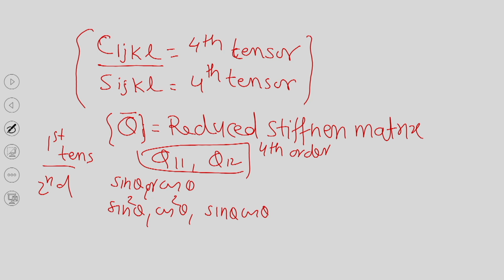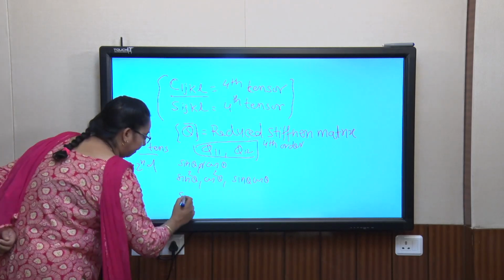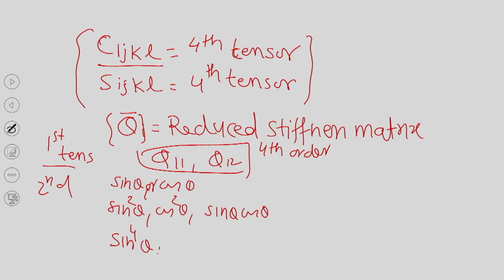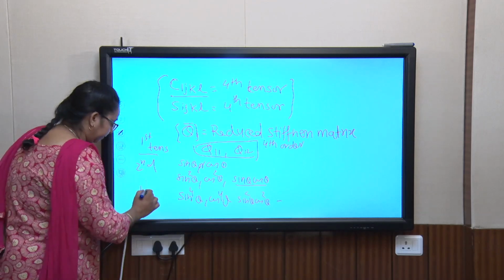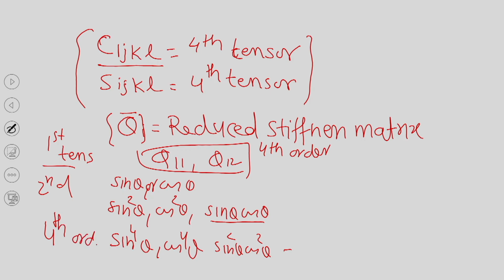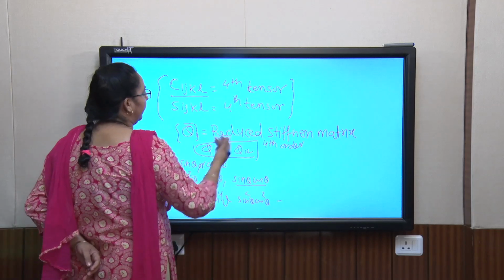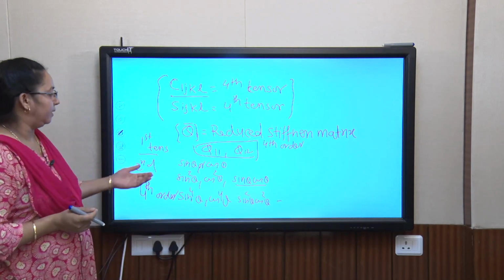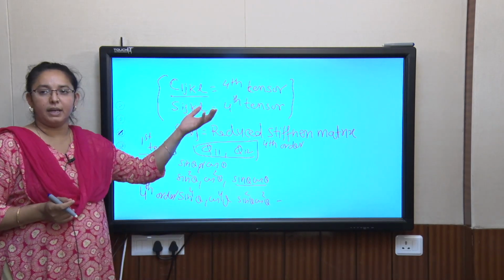When you have a fourth order tensor, you will have four times of this, and different combinations of sin square theta, cos square theta and so on. If I say it is a third order, it will maybe be sin cube, cos cube and so on. One can understand how to start the transformation. These are the standard rules given.